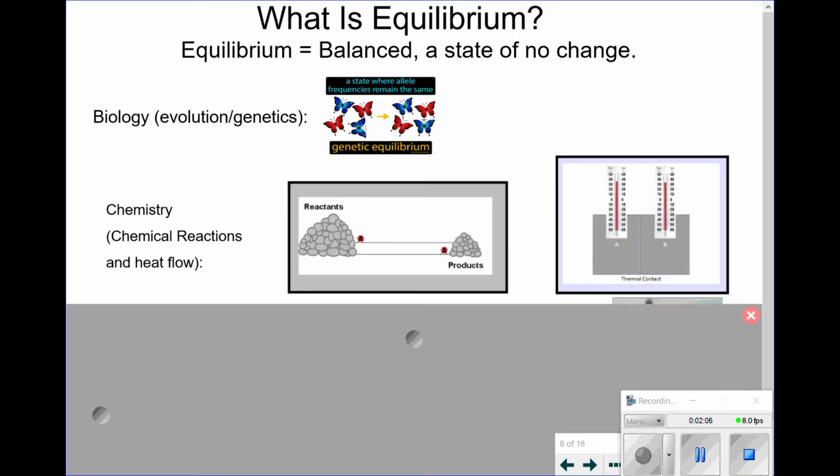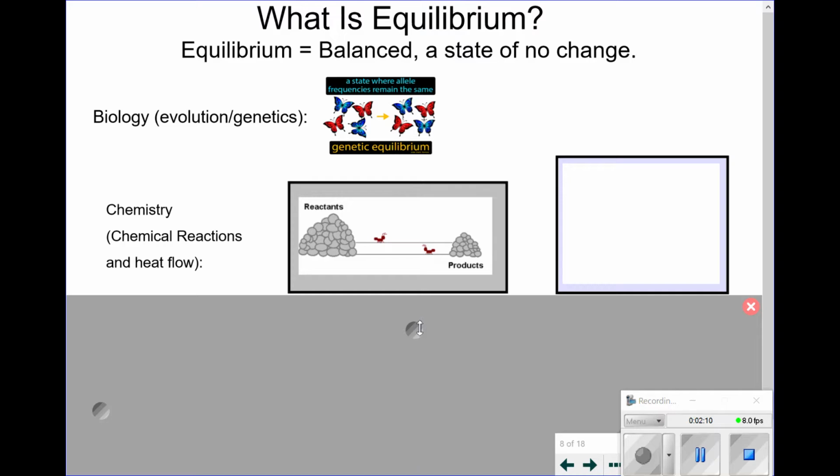In chemistry, there are often two kinds of equilibrium that you talk about. We have equilibrium in a chemical reaction where you have your reactants that engage with each other and they make a product. But this could be a reversible process where the product breaks back down into the reactants.